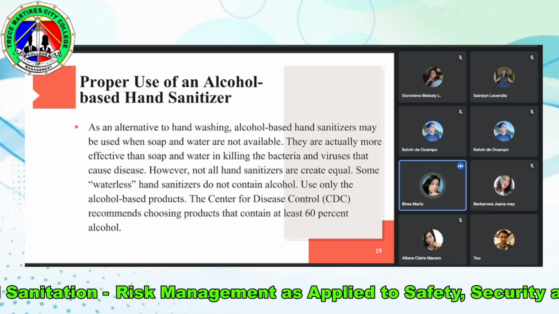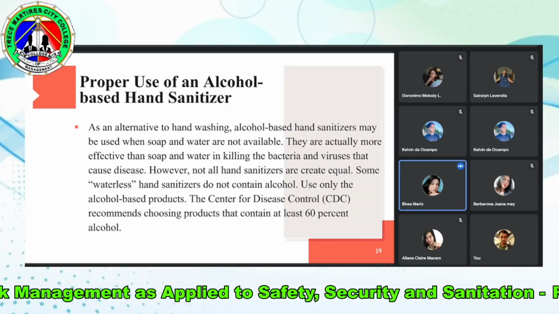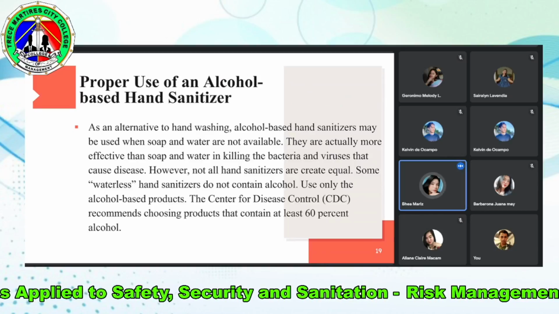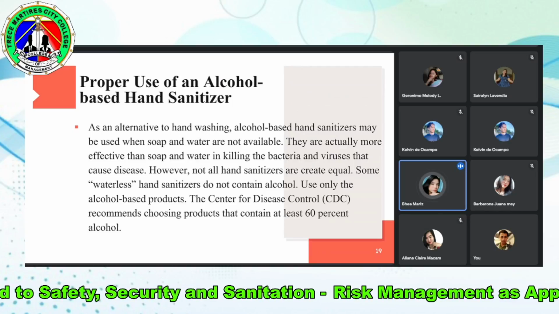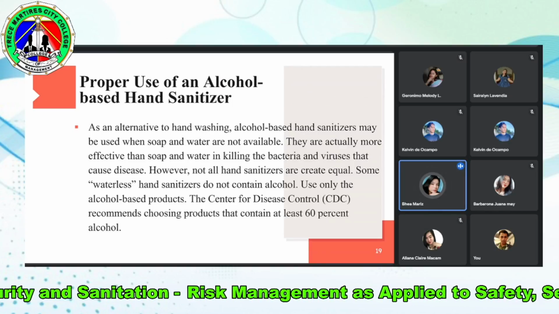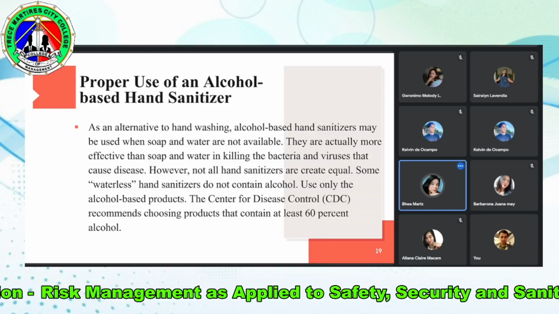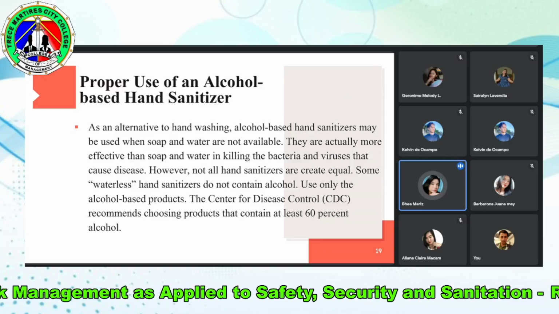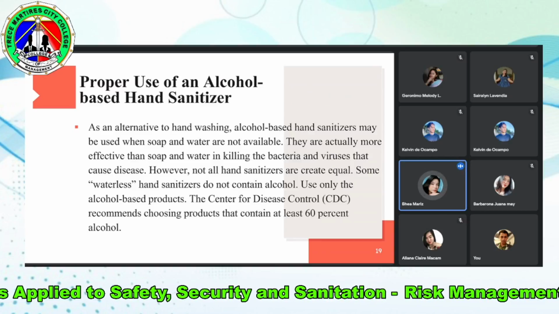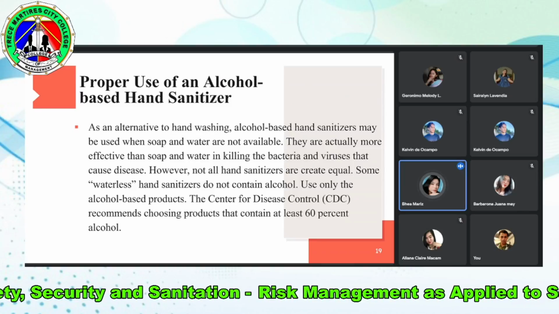Base po dito, yung hand washing with soap and water po is yung pinaka-effective po na makapag-prevent ng spread of germs and viruses po, which are main causes of food poisoning. On clean hands, alcohol-based hand sanitizers are excellent killing bacteria and viruses.